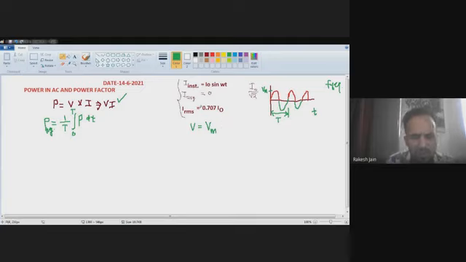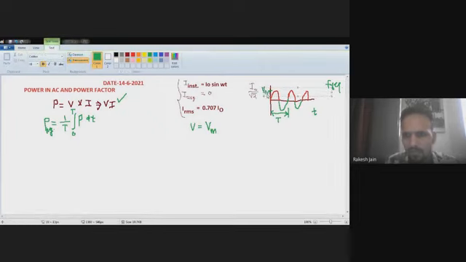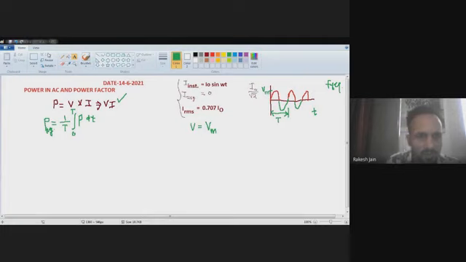I can use Vm or V0, anything, but the amplitude is Vm. Don't be confused. So Vm sine of omega t.